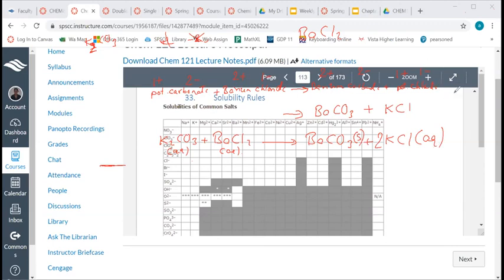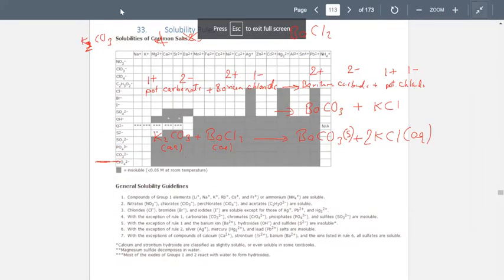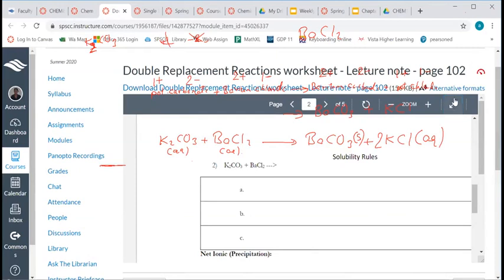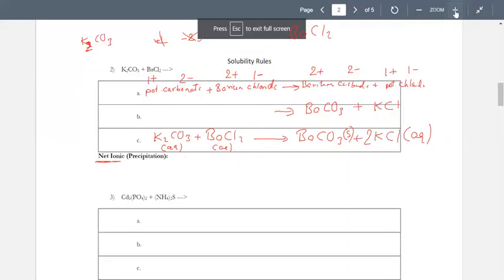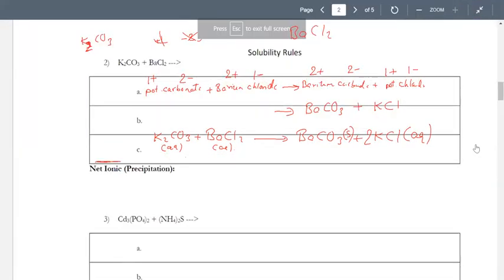So now let's go back over here. Okay, so we have these two. This is solid and this is aqueous. So we do not have to show the aqueous one.